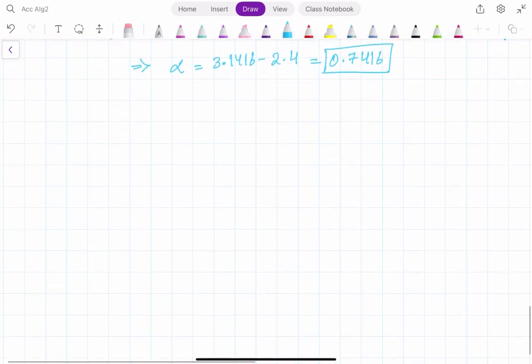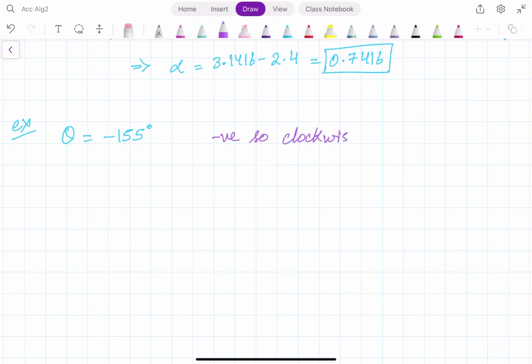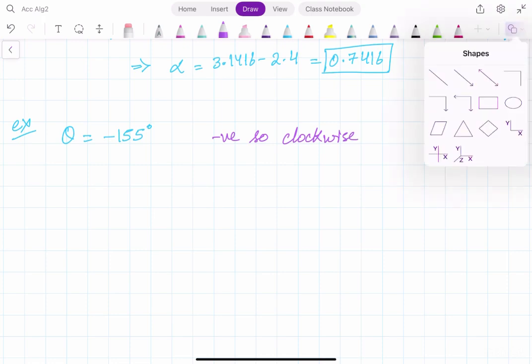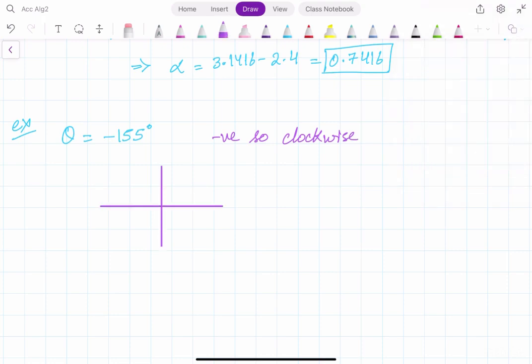Now, moving forward, let's take one more example. Let theta be negative 155 degrees. Now it's specifically mentioned with a degree symbol. It is negative, so it will go clockwise. And when it goes clockwise, it is less than 180, so it will land in quadrant number 3 because we are going backwards.